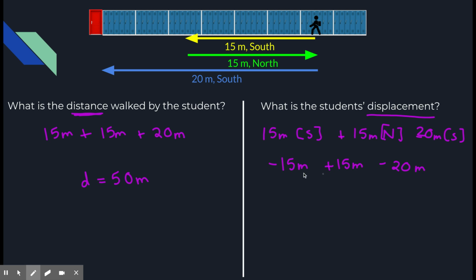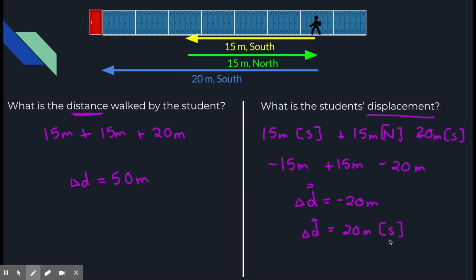So negative 15 plus 15 essentially cancel each other out. That's 0. So the displacement, the delta, is actually negative 20 meters, and I prefer to always write a direction: 20 meters south.